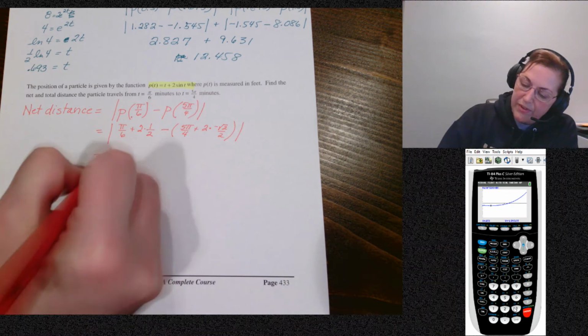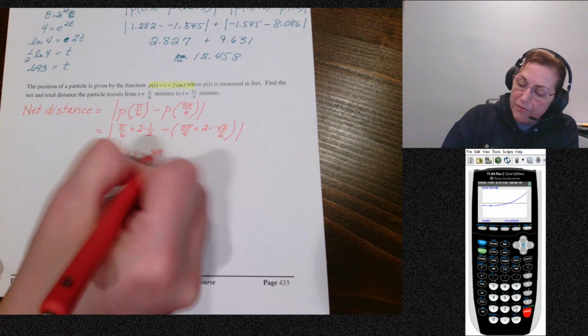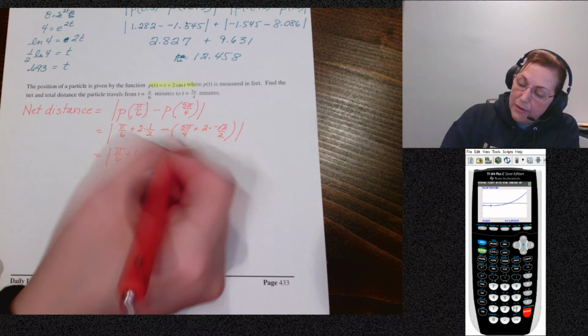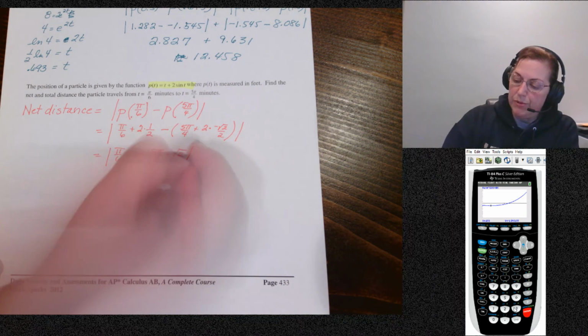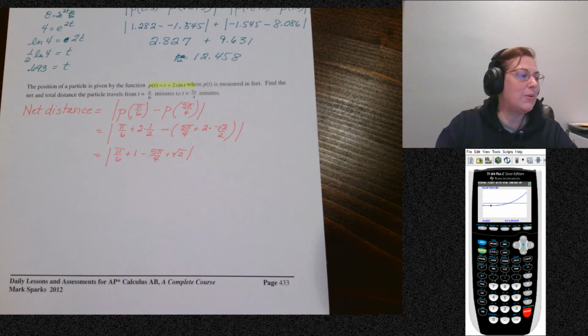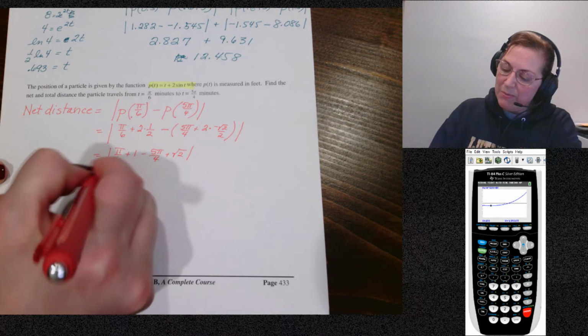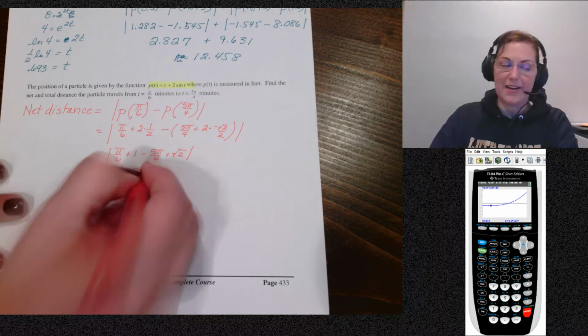So I've got pi over 6 plus 1 minus 5 pi over 4. Distribute a minus, that's going to give me plus square root of 2. That is not going to be a very pretty number, but is totally okay. We will get a decimal if you want to put that in your calculator, 0.989.